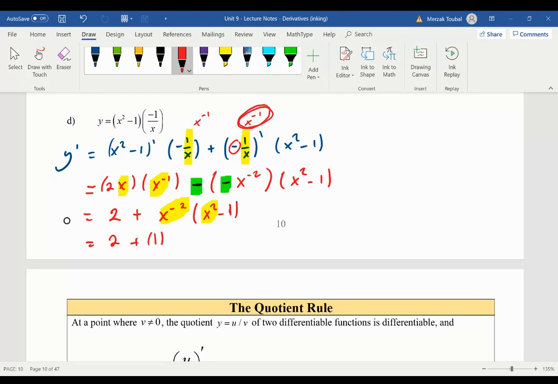And then x to the negative 2 times negative 1, that's minus x to the negative 2. So we got 1 minus x to the negative 2. So 2 plus 1 is 3, and then minus x to the negative 2, which is minus 1 over x squared. We can leave this as is, or you can find the common denominator. Doesn't matter.